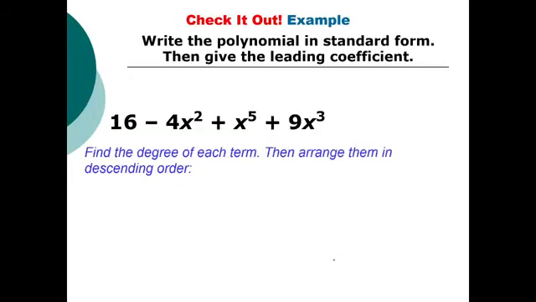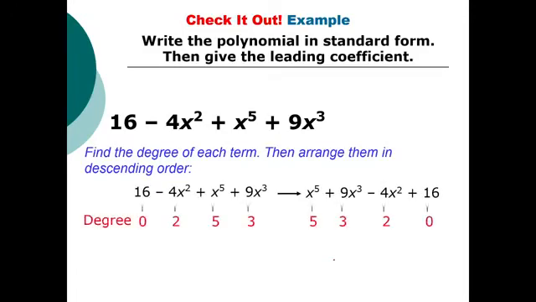First, find the degree. 16 is a constant term, so the degree is 0. The degree of negative 4x squared, exponent is 2, so the degree is 2. For this one, the degree is 5. For this, the degree is 3.